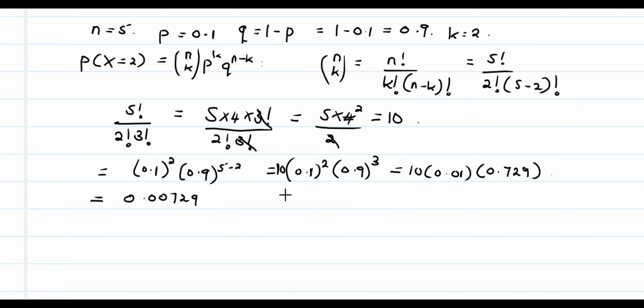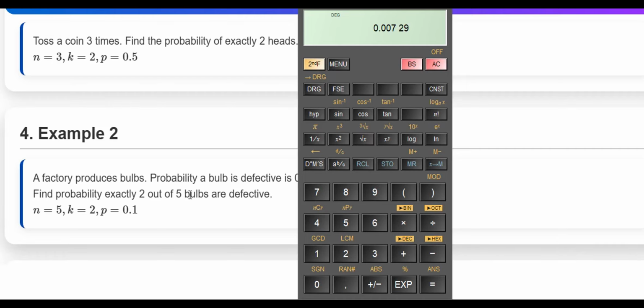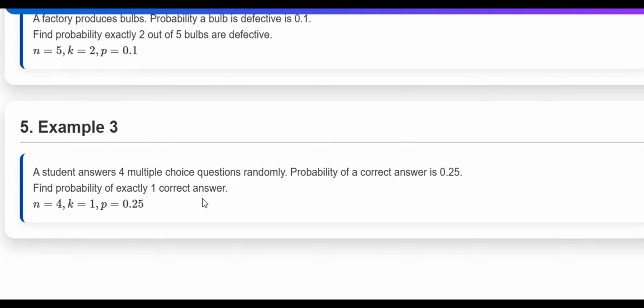But you remember we had a 10 somewhere, so I multiply again by 10, which moves the decimal point by one place, and the answer becomes 0.0729. So the probability of having 2 out of the 5 bulbs being defective is 0.0729. Can you try this question here?